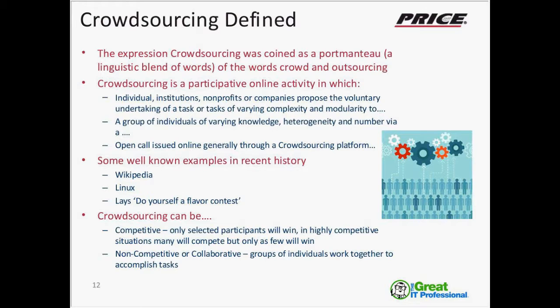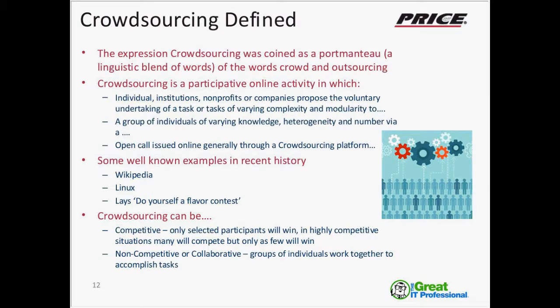They propose this to a group of individuals of different backgrounds, different knowledge sets, heterogeneous, not a homogeneous group. And this call for participation is issued online, generally through a crowdsourcing platform, and I'll talk more about crowdsourcing platforms in a minute.